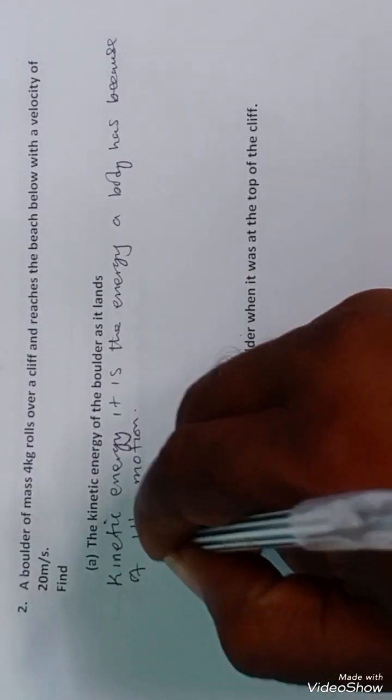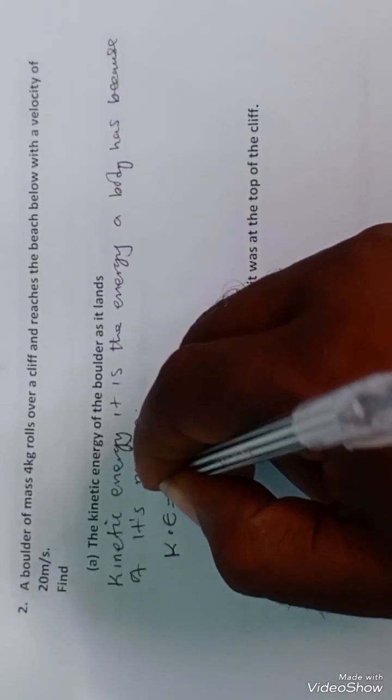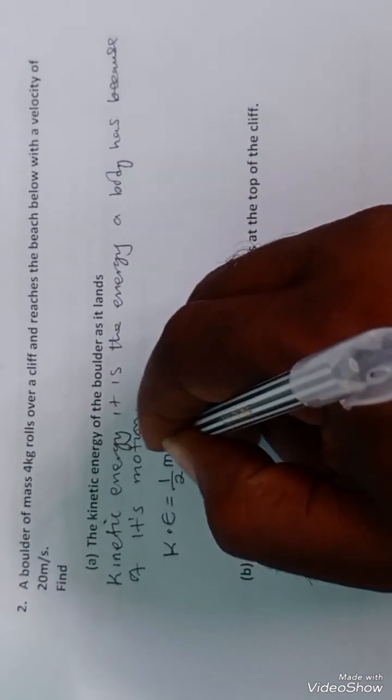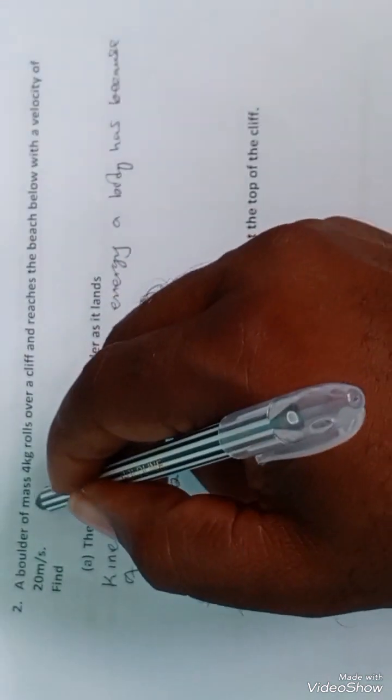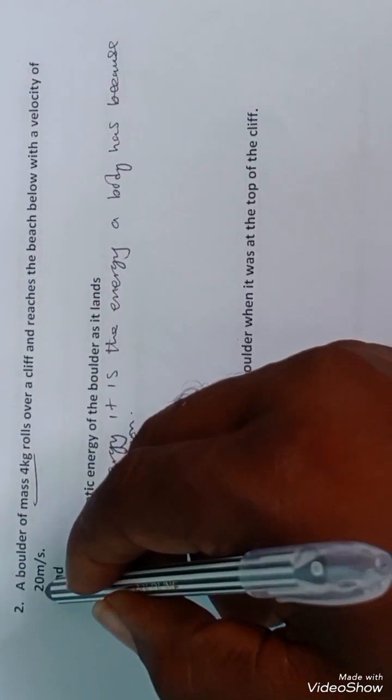Now find kinetic energy. Kinetic energy is given by this formula: kinetic energy is equal to 1/2 times mass times velocity squared. Mass is given as 4 kg. Velocity is given as 20 meters per second.